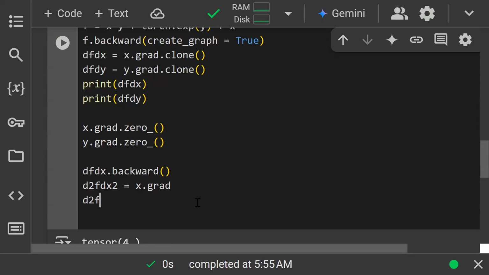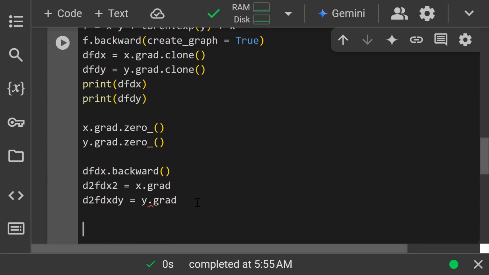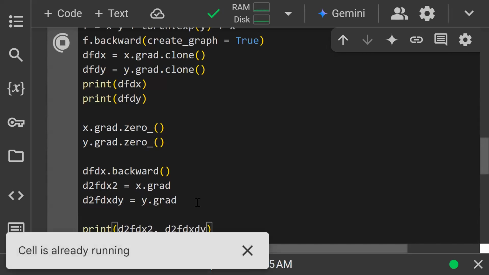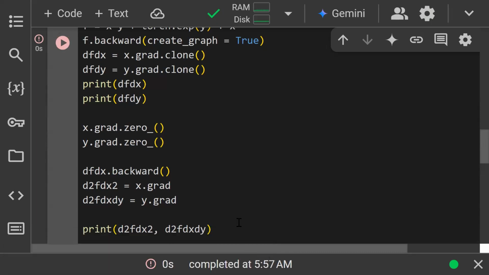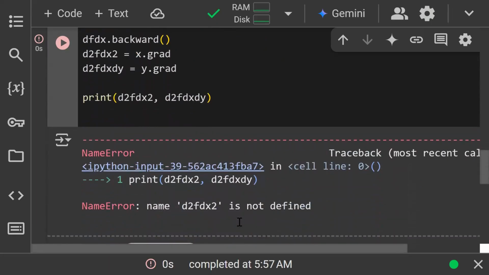And d2f dx dy in y dot grad, and print it: d2f dx2, d2f dx dy.